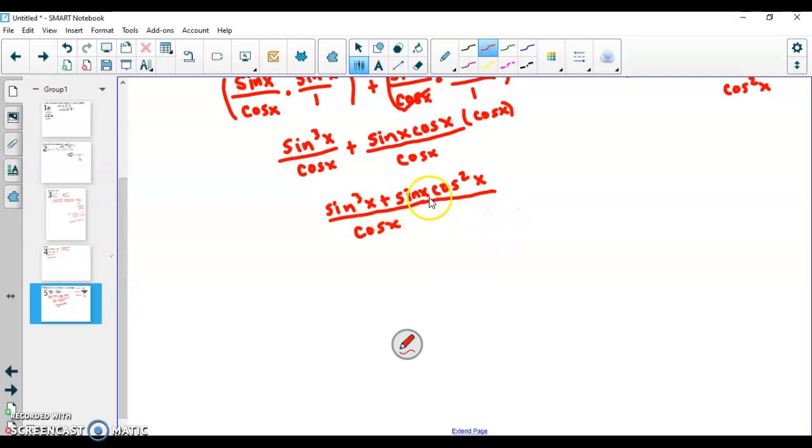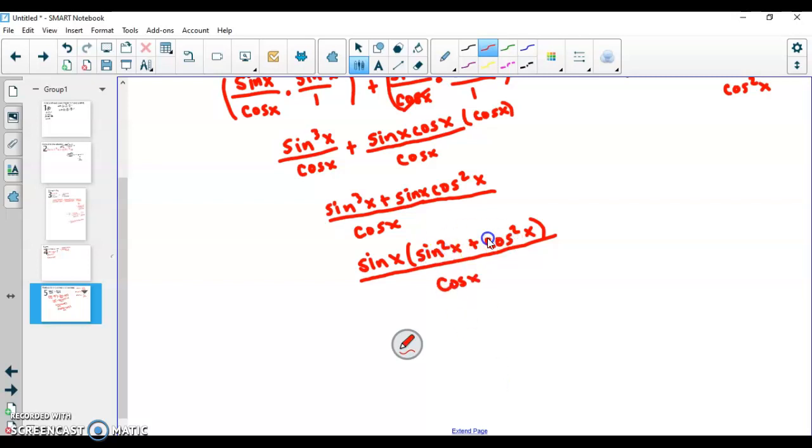So for my next step, I recognize that both of these have sine in common, which means I can take out sine x, and that would leave me with sine squared x plus cosine squared x, all of that over cosine x.